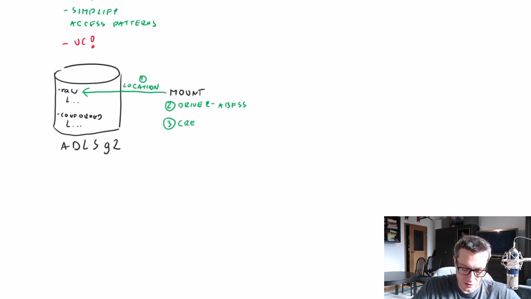So how to connect to our data lake. Those three things together will be encapsulated inside our mount point. So end users later on, when they will be using this mount point, will not care at all about all these three things. They will just use it as a regular path.